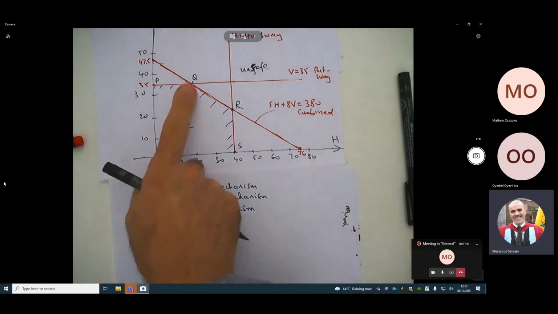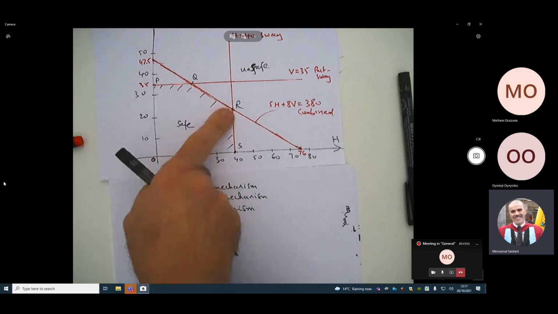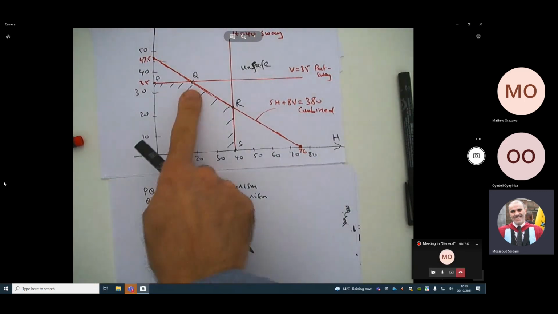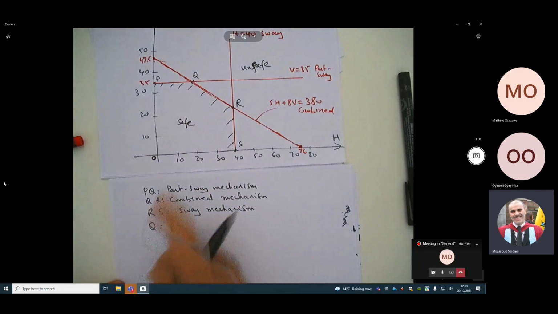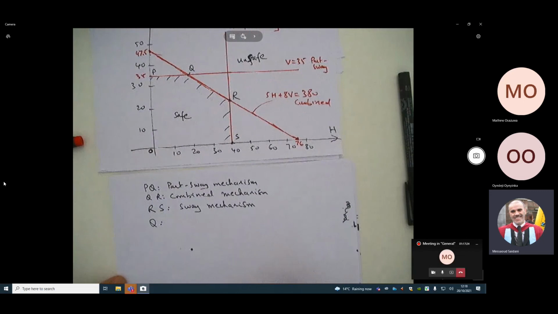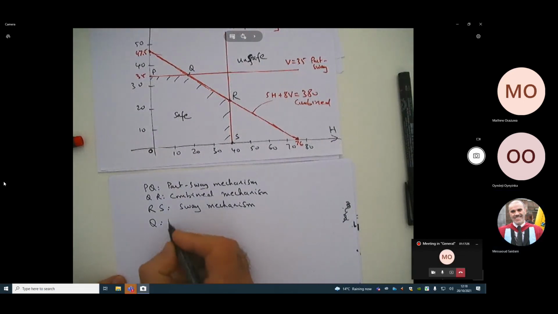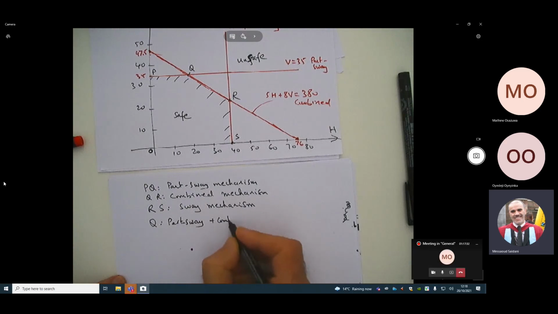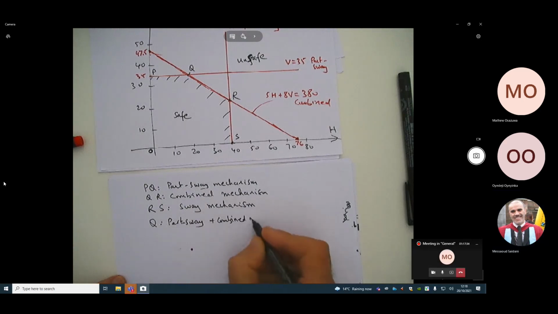And obviously we have the points of interest, Q and R. Okay, these are the intersection points. You can see here, Q corresponds to part sway plus combined mechanisms.